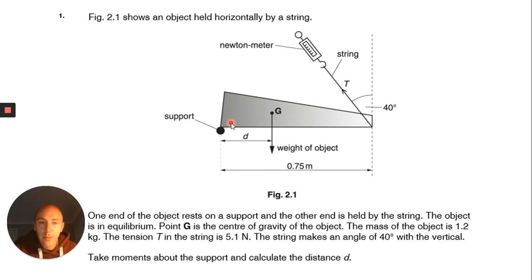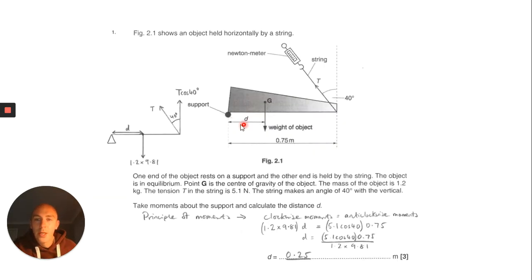So if I skip on, I've done an answer to this. We've got this diagram, and the first thing to do is to work out how much of T is acting vertically, and to do that we need to make a triangle. So we've got this side, the vertical component, and that is the adjacent side of this angle.